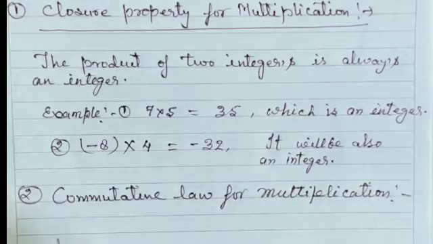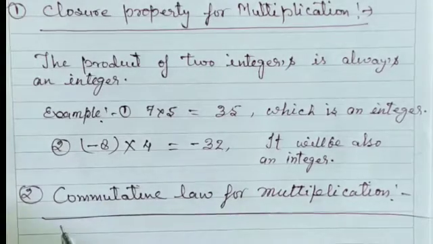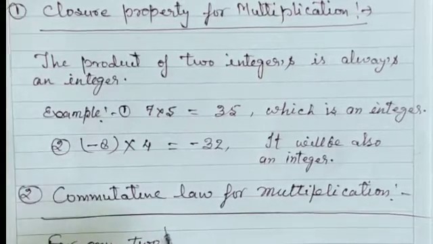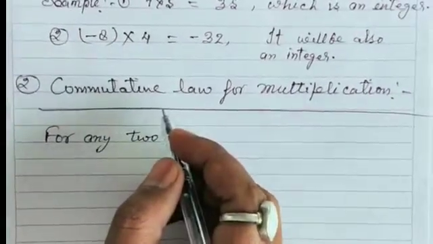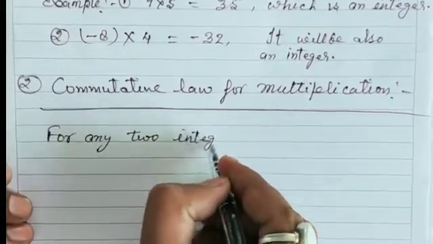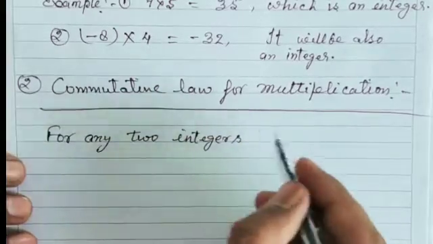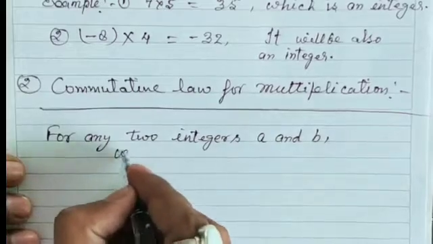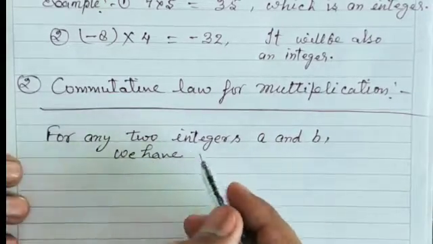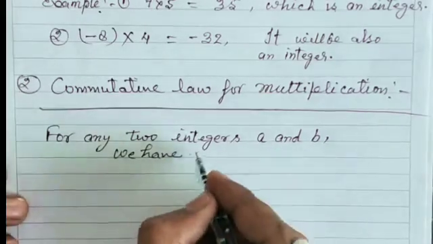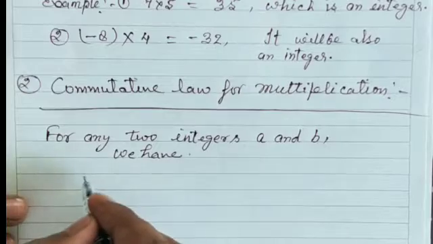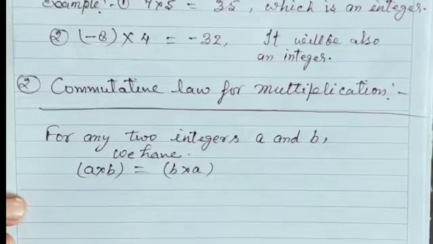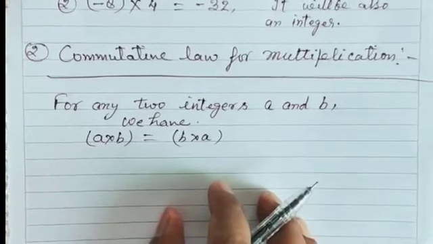In this property, for any two integers, suppose that a and b, we should satisfy this property: a into b is equal to b into a.